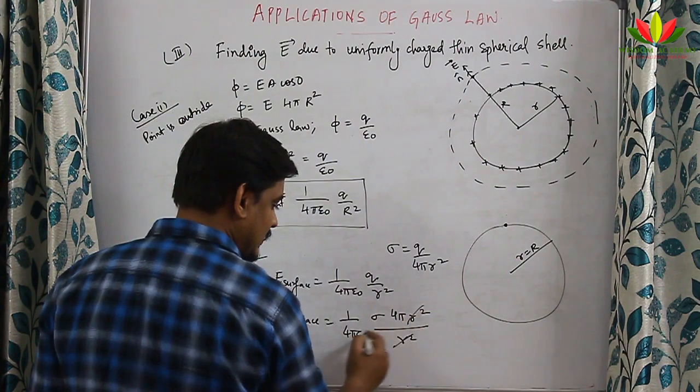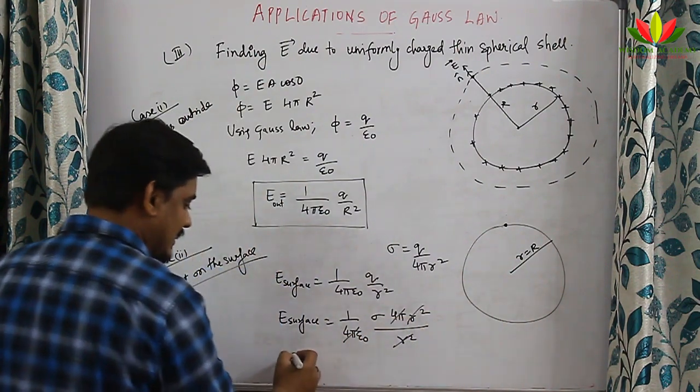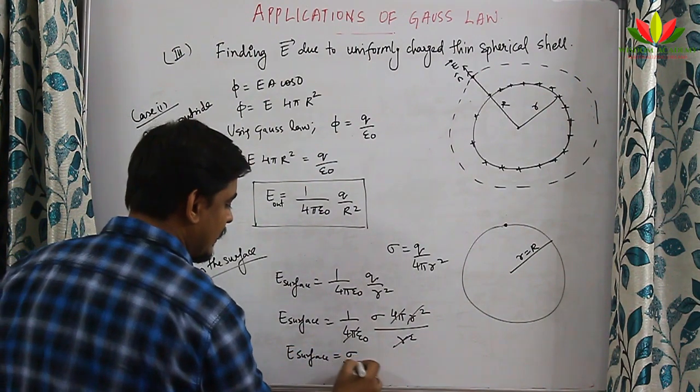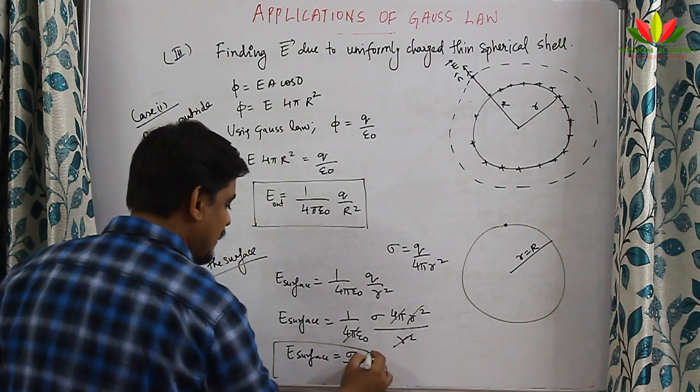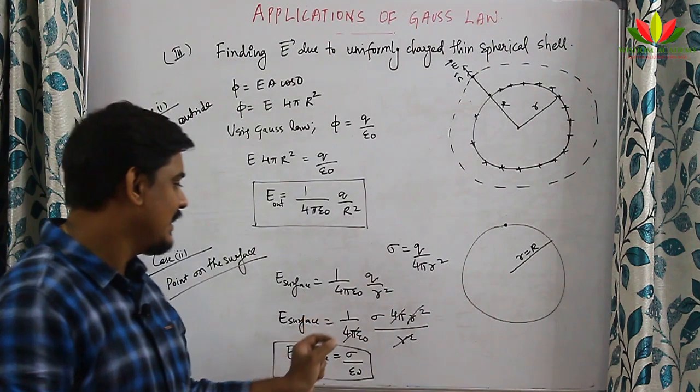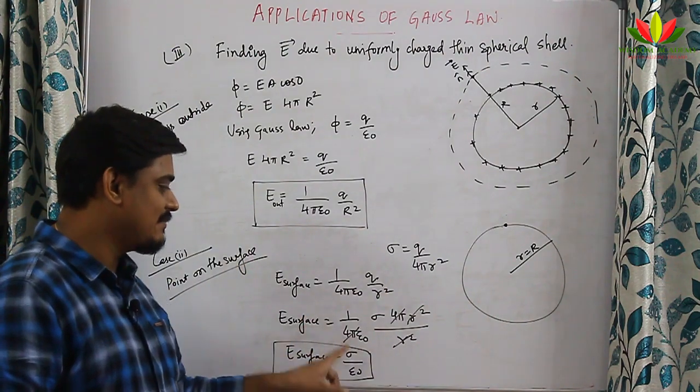These two get cancelled, 4 pi gets cancelled, and I get the value of E at surface as sigma by epsilon naught. So if E is outside, it is 1 by 4 pi epsilon naught Q by r square. If E is at the surface, I get sigma by epsilon naught.